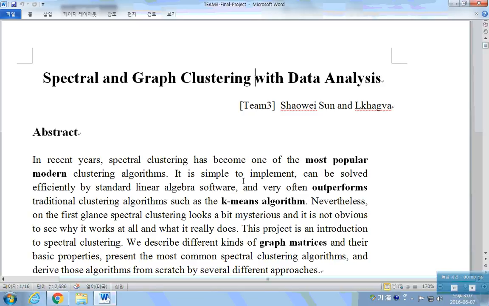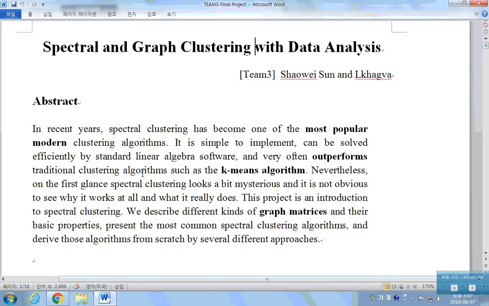So we just need to solve linear algebra problems, finding the eigenvalues of a matrix, and it outperforms traditional clustering algorithms such as the k-means algorithm, which I introduced before.